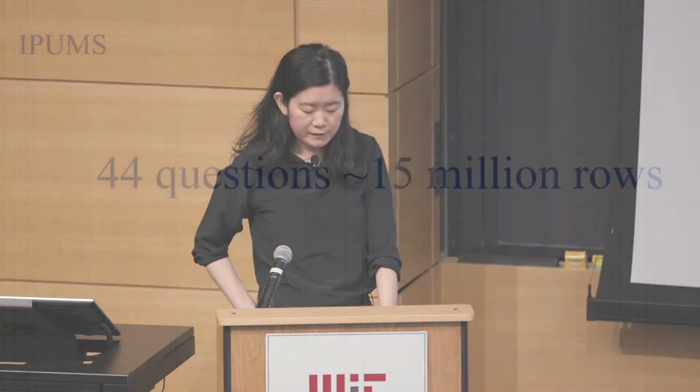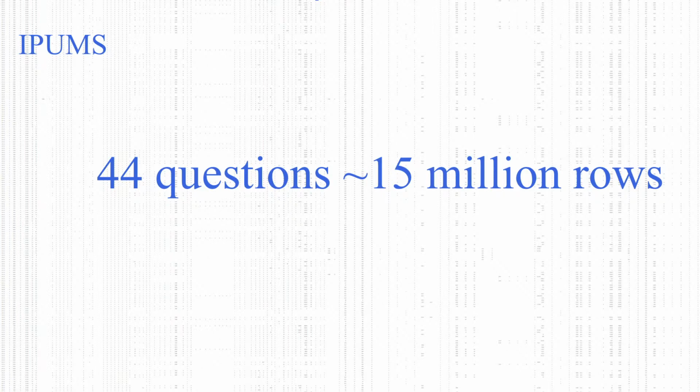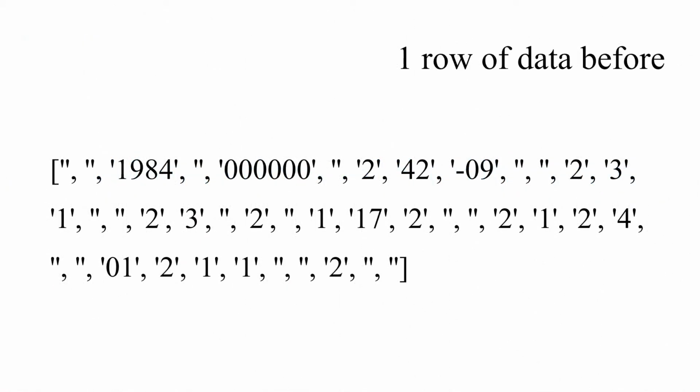The survey had roughly 40 questions each year, each with multiple components, covering millions of people, or rows of data. Each of these rows is a real person. And here's an example of one row from the year 2013, which is the data I used.